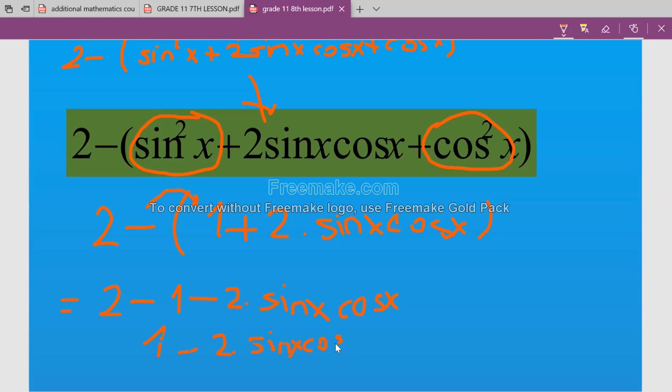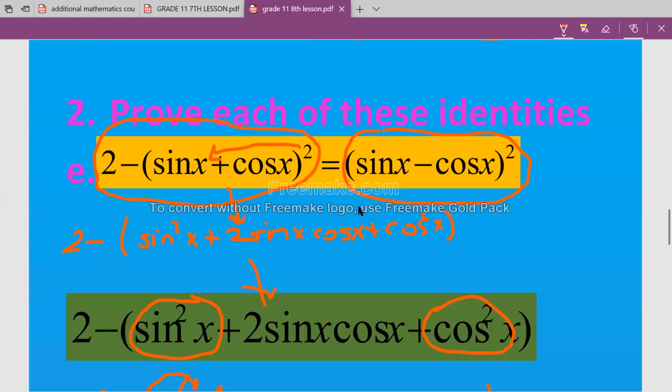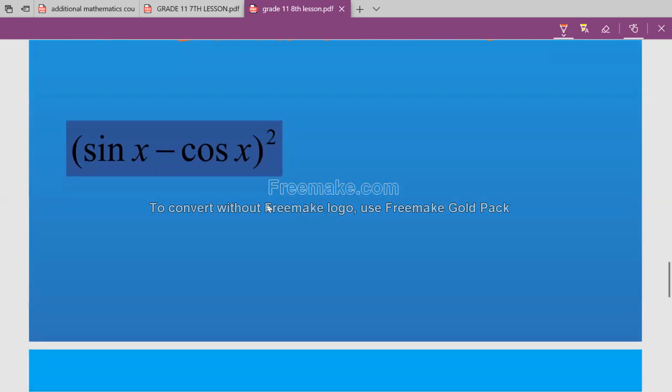Now we will prove that it equals what? Sine x minus cosine x squared. To prove it, I know mostly you do sine x minus cosine x times sine x minus cosine x.